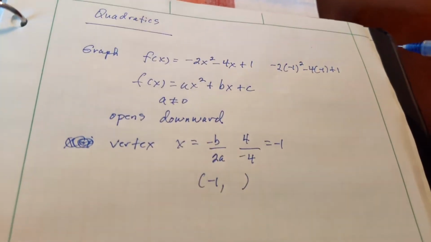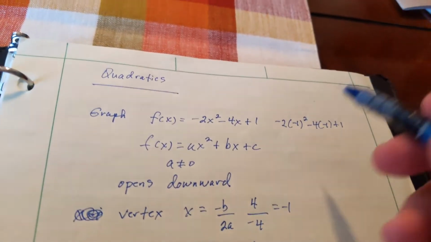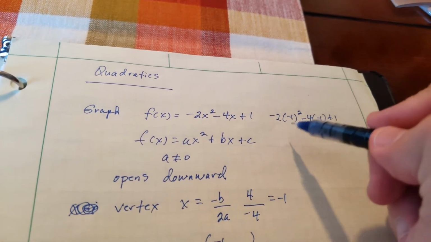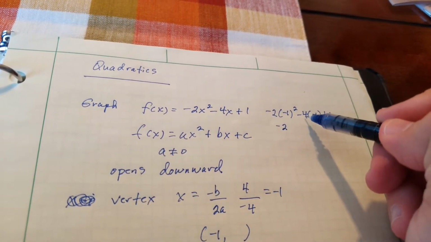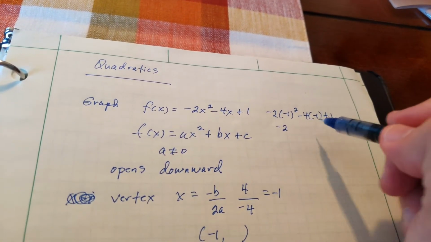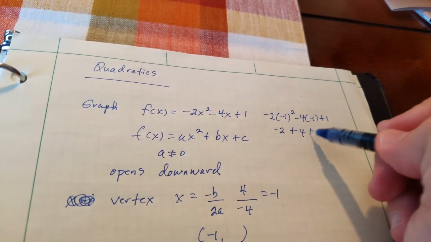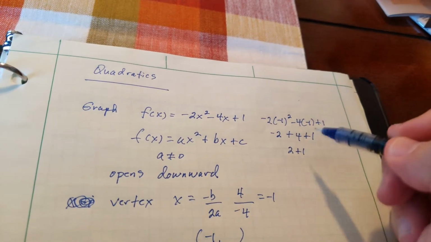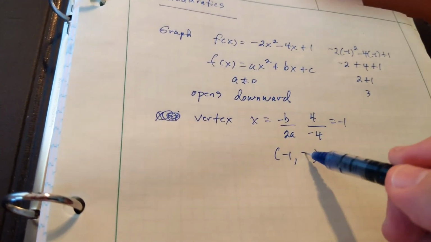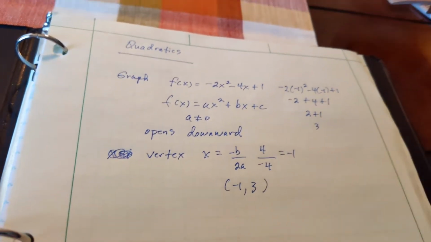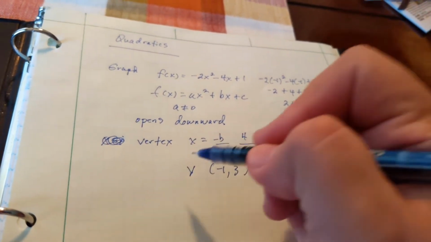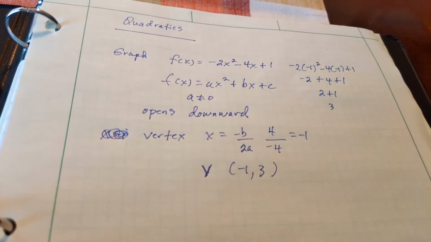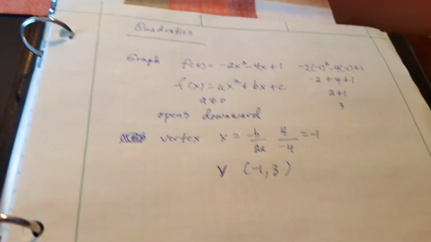Now I'm doing -1 squared, which is +1, and +1 times -2 is -2. -4 times -1 is +4, and -2 plus 4 is 2, 2 plus 1 is 3. So I get 3 for that value. So the vertex, which I'm going to label capital V, is -1 and 3.